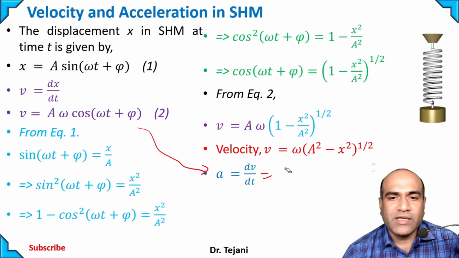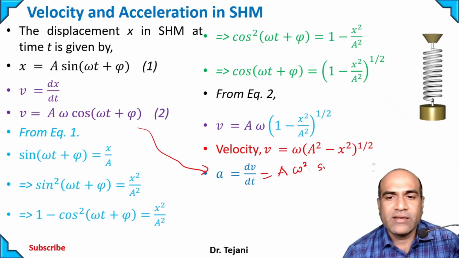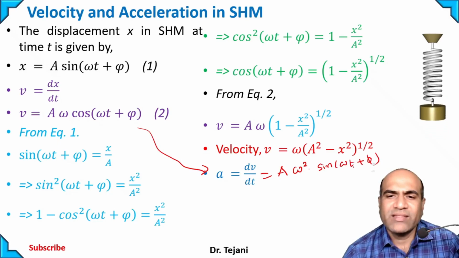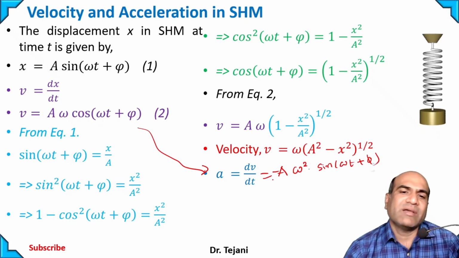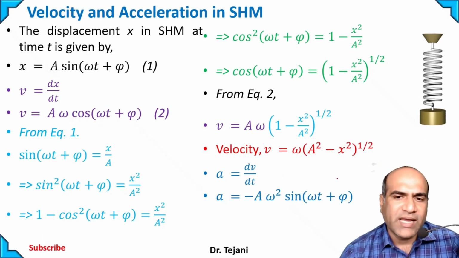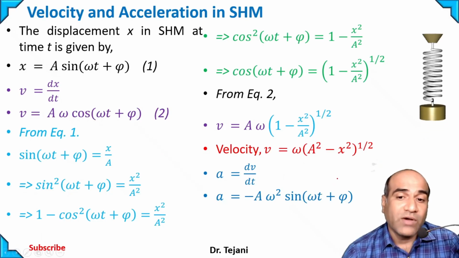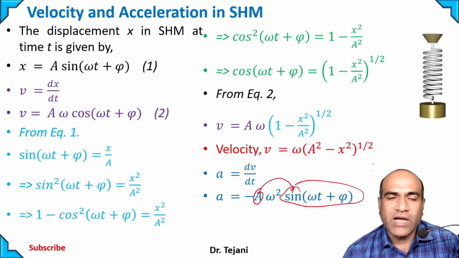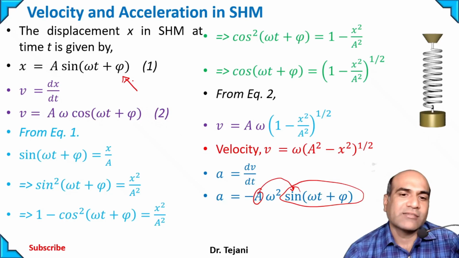This is a omega square. What was cos becomes sine. Angle remains same, omega t plus phi. And when this cos becomes sine, it becomes minus. This is the equation: minus a omega square sine omega t plus phi. So in this equation, a sine omega t plus phi, can I say it is equal to x?